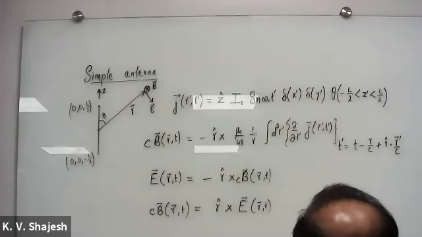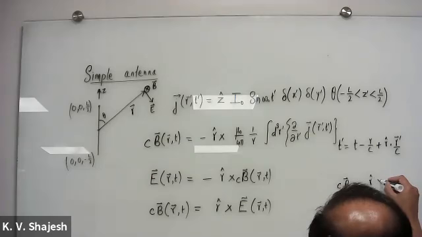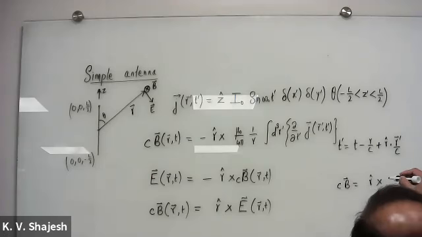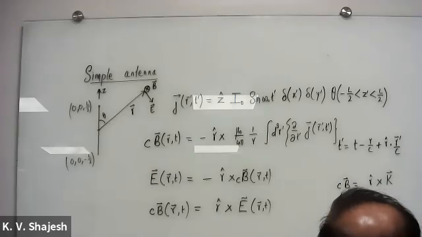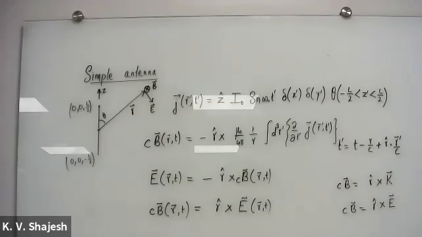If you have, let's say, c times B is equal to R hat crossed with, let's put this as K, and then c times B is also equal to R hat cross E. Is that the same? That's not really the same.